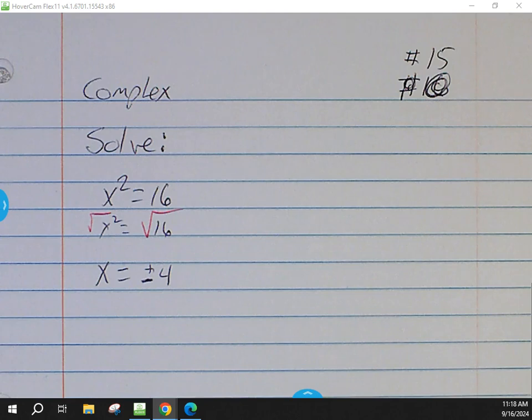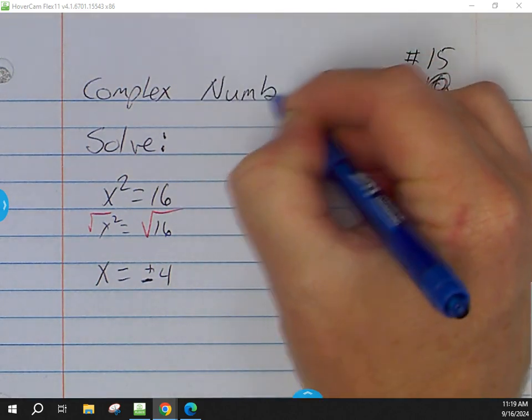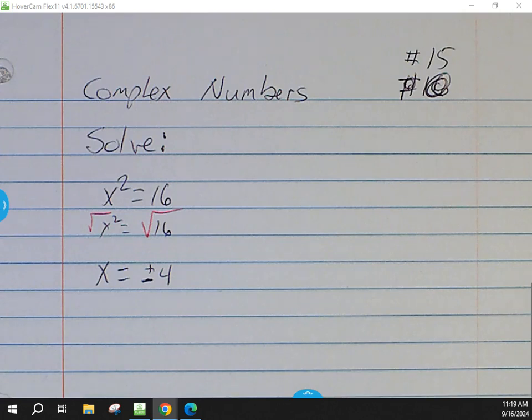Okay, so that was one of the things we were doing on the last test. Here's where we're going to add in something new for this one. Oh, sorry, I forgot the title back up here. All right, so it should be complex numbers for this one. I put complex, forgot to put the numbers on it.